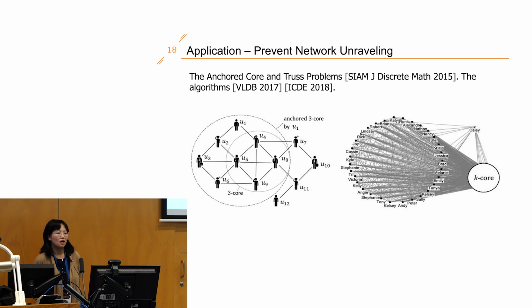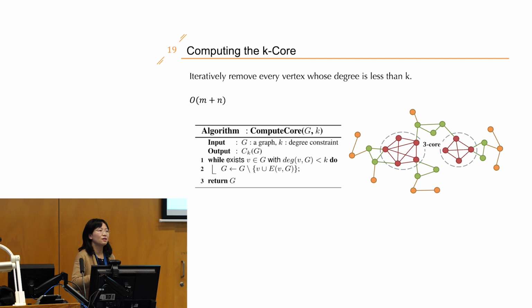This is where computer scientists step in to study the k-core-based model to analyze the structure of modern social networks. The computing of the k-core, as I just said, is very simple. If we want to compute the 3-core, we iteratively remove, or peel, the vertices that do not satisfy the degree constraint, and at the same time we update the degrees of the neighbors of the vertices that have been removed.